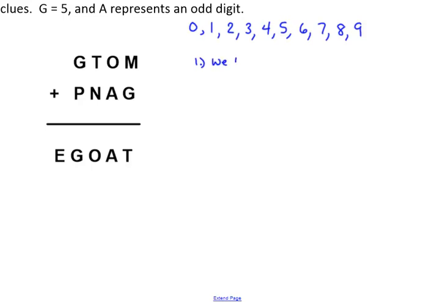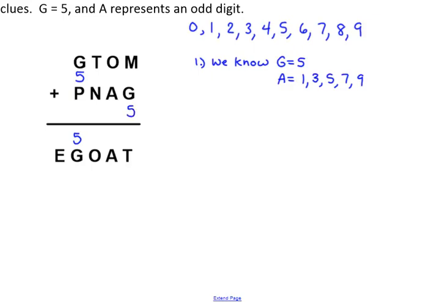We know that G equals 5, and we know that A is odd, so it can equal 1, 3, 5, 7, or 9. Wherever there's a G, I'm going to put a 5 there, here, here, and here.